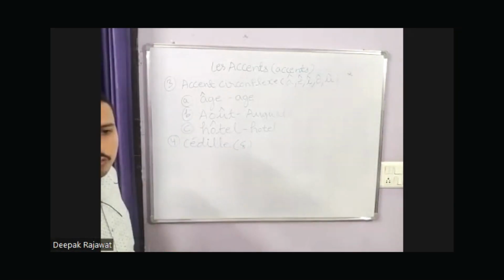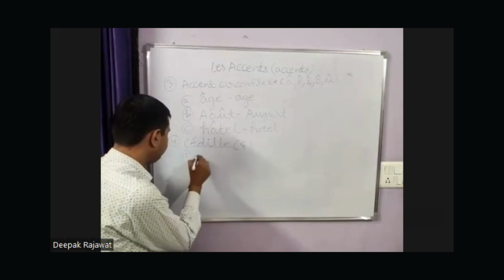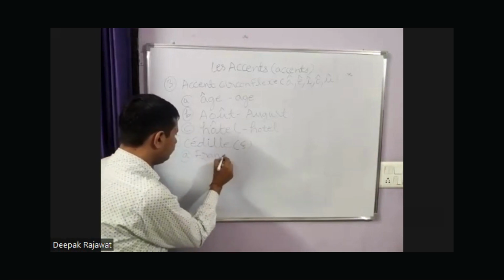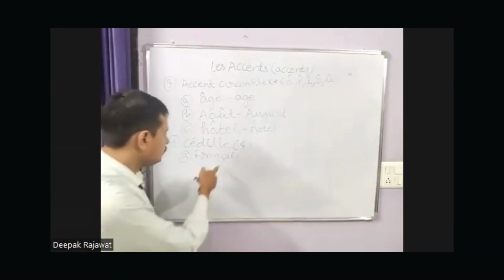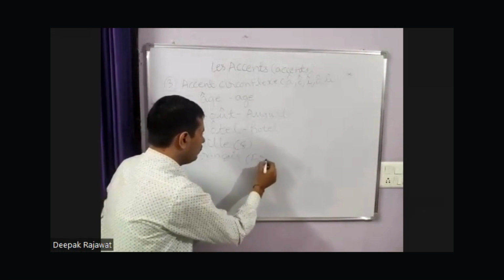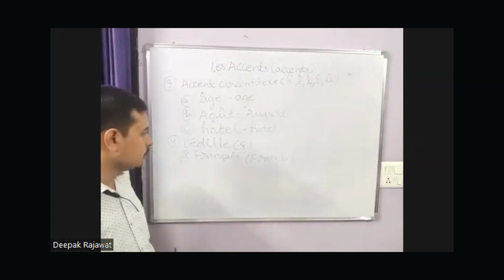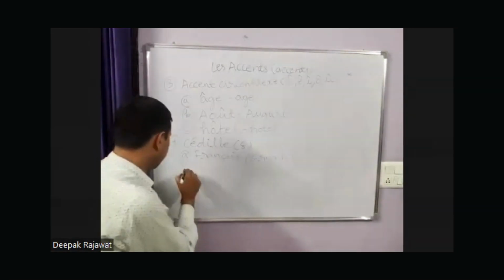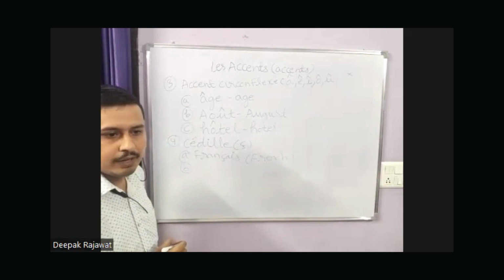Okay, so now we are going to take some examples. Please have a look. Français. Français is French. Second example, we have the word garçon. Garçon is boy.